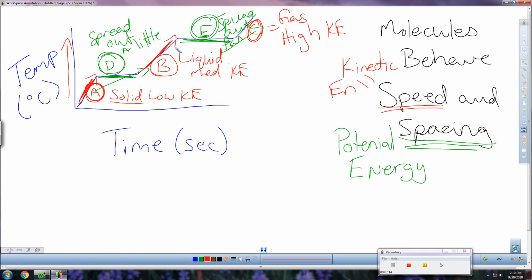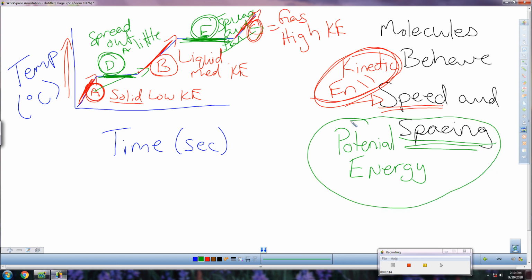Kinetic energy means speed: faster equals higher temperatures. At D and E, temperature is not increasing, so the speed is not increasing. If the speed is not increasing, the space must be increasing, which is potential energy. We're spreading out a little bit, to spreading out really far away.